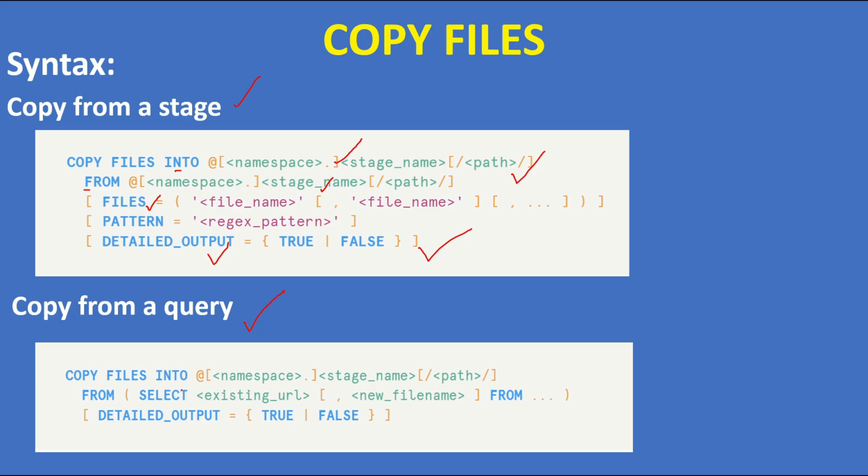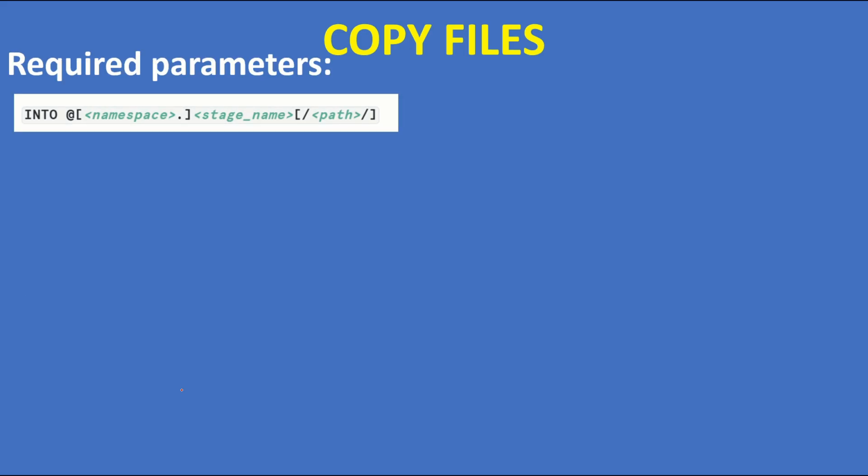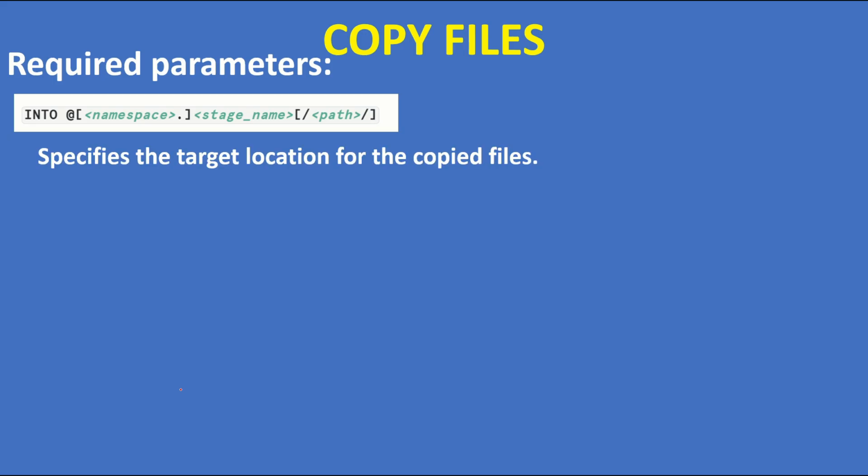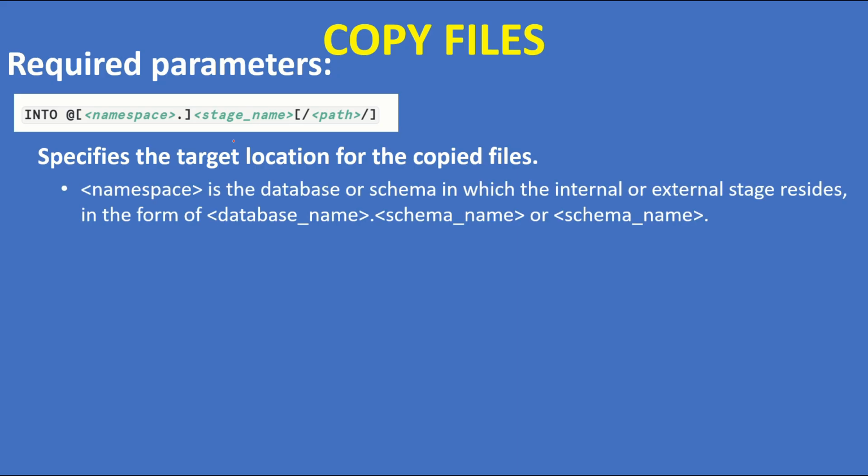Required parameters: what are the required parameters? The INTO clause is the required parameter, which specifies the target location for the copied files. So after INTO you have to specify the target location. A namespace is the database or schema in which the internal or external stage resides, in the form of database name dot schema name, or schema name.